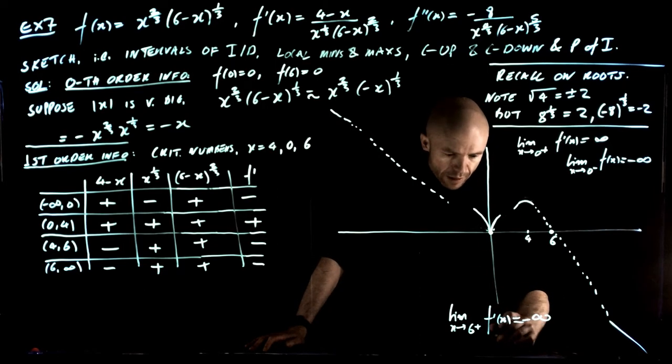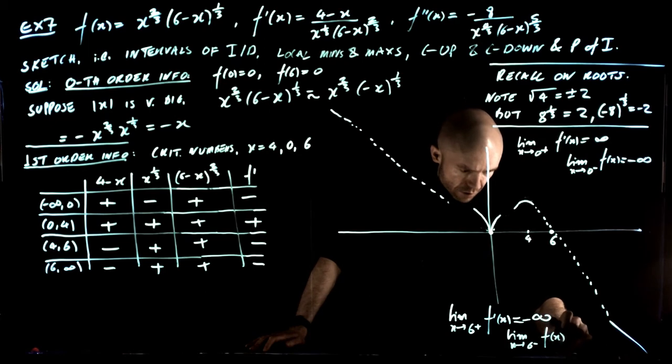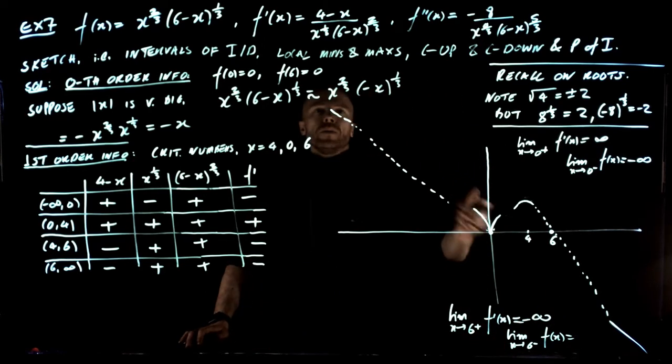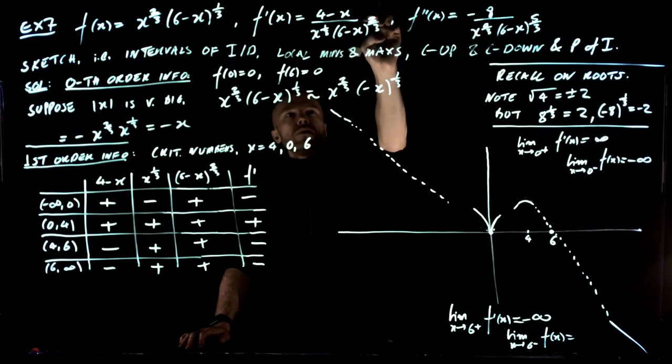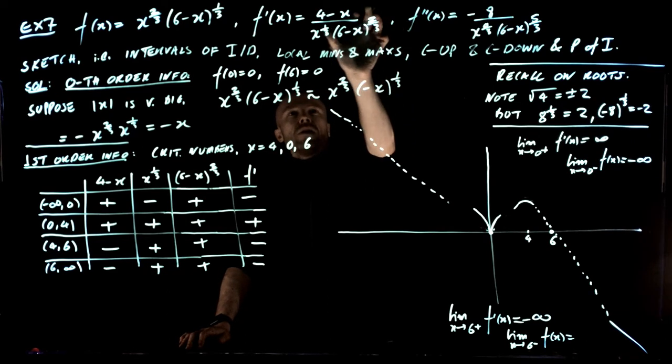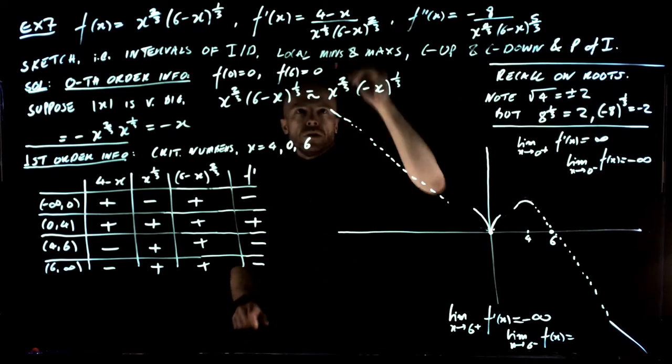And if we go from the other side, the same thing will be true. Because it's 2 over 3, this thing here will always be positive, just as we talked about before.